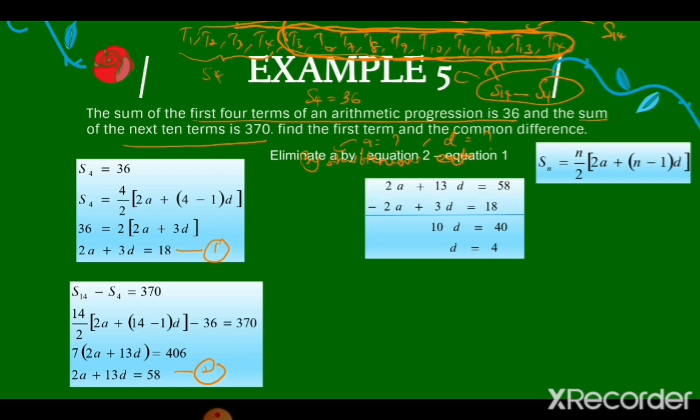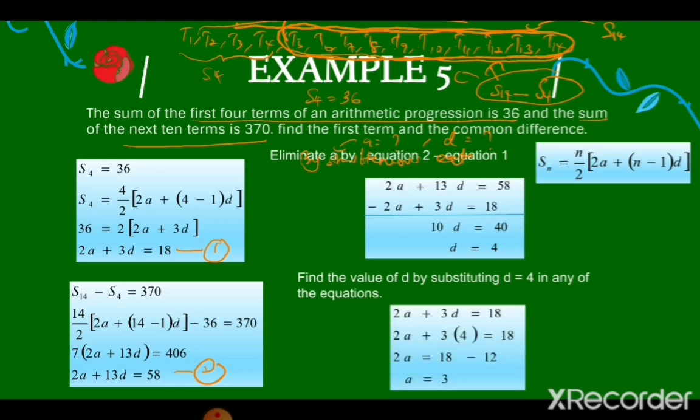How can we find the value of a? We substitute the value of d in either equation 1 or 2. So we will have a equals 3. I hope you can understand.